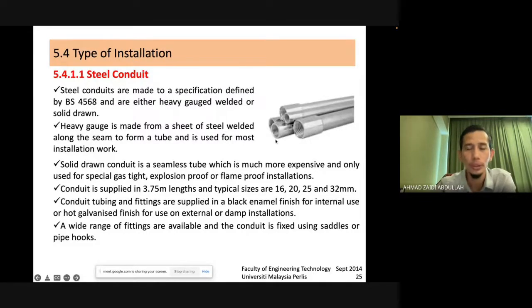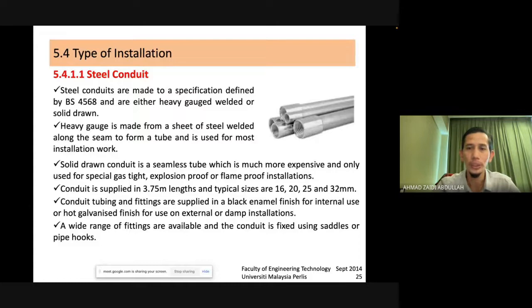So kita follow lah. Because normally contractors are not happy with this conduit because it is hard to bend and to cut it kan. So it requires a lot of energy. And then conduit is supplied in 3.75 meter, is standard size lah, standard length.